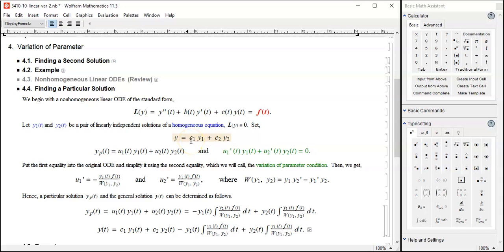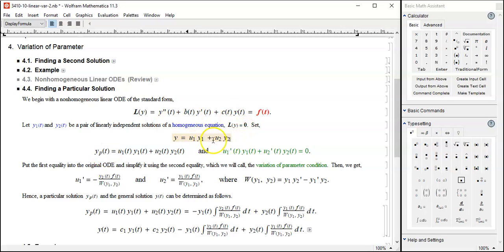Variation of constant doesn't make any sense. That's an oxymoron. So change those into parameters, excuse me, typo. Change them into parameters and then apply the derivative rules and so on. Plug everything back into the original equation and try to identify u1 and u2. And that's going to be my particular solution.